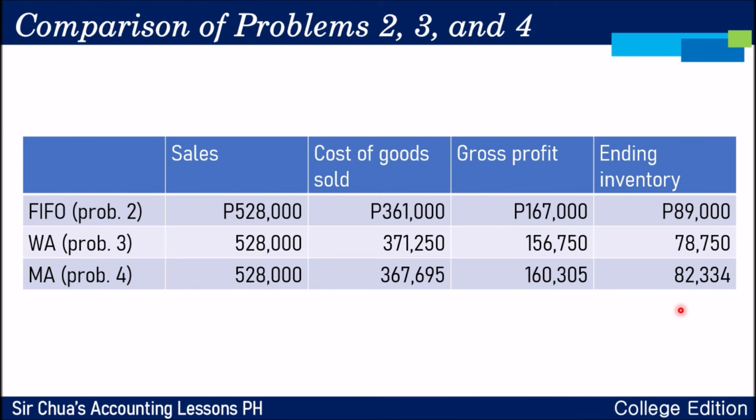Okay? So, dapat hindi sila ganong malalayo sa isa't isa. Although, these methods have their own advantages and disadvantages depending when the prices in the market are rising or falling.